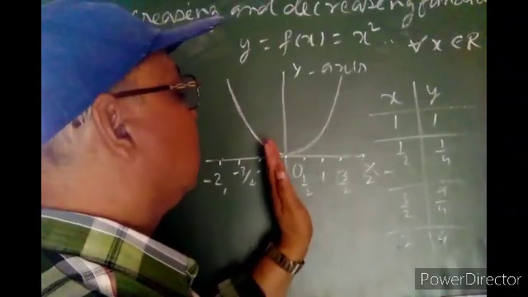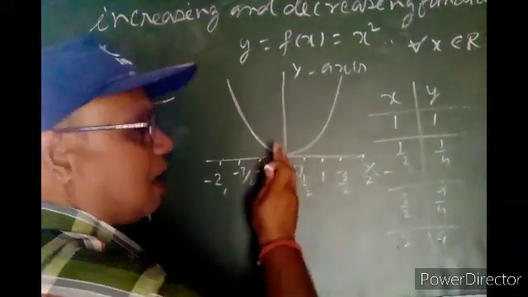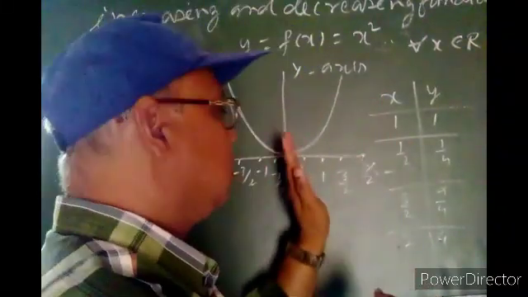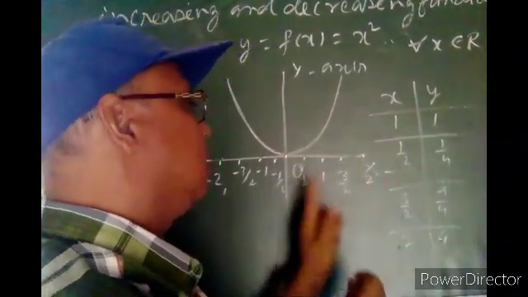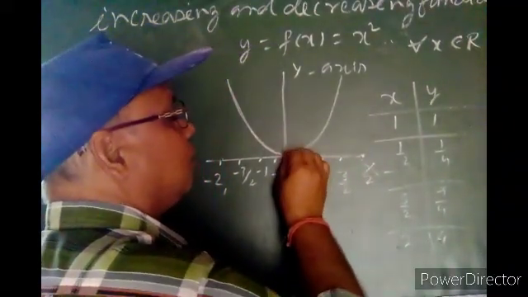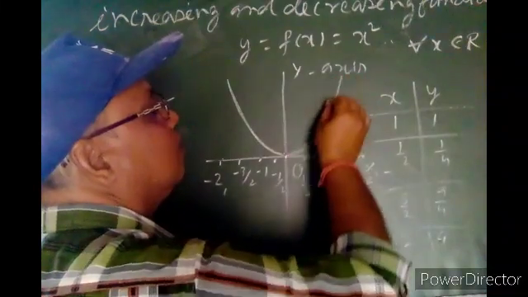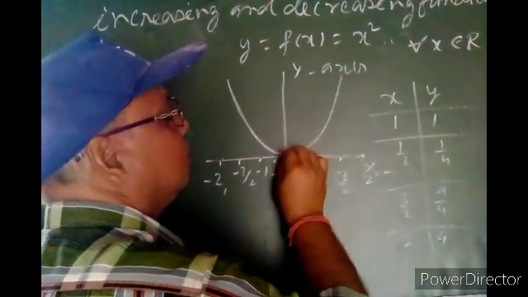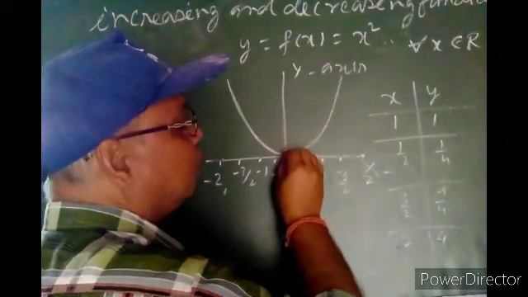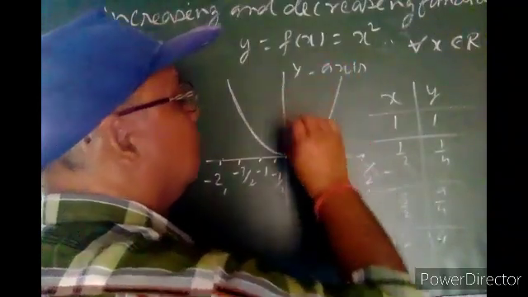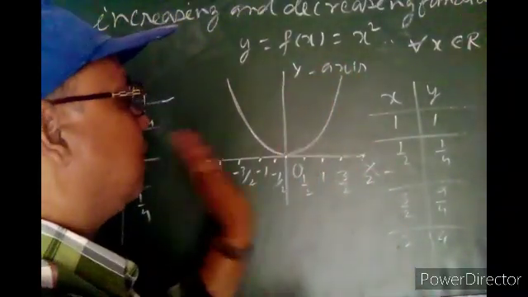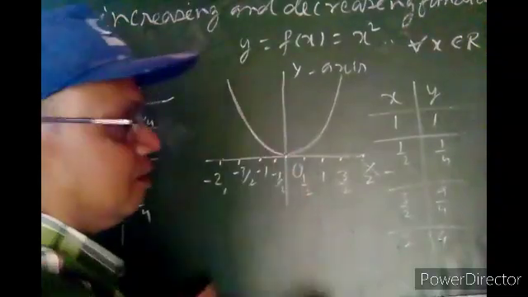From the right side of 0, meaning this side, the function is increasing. The function is increasing from the origin to this point, and from the left of 0, the function is decreasing.